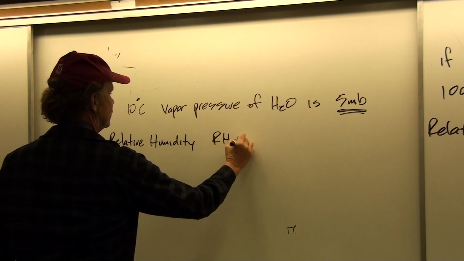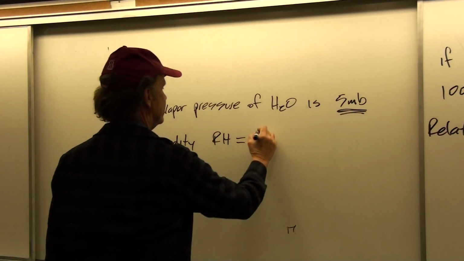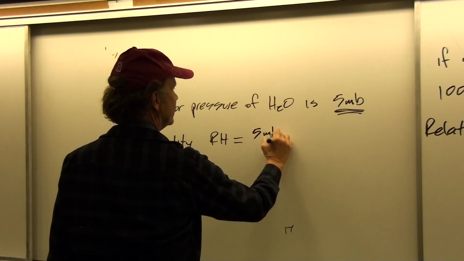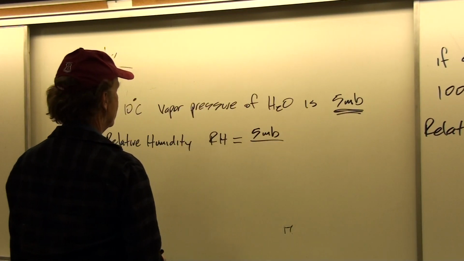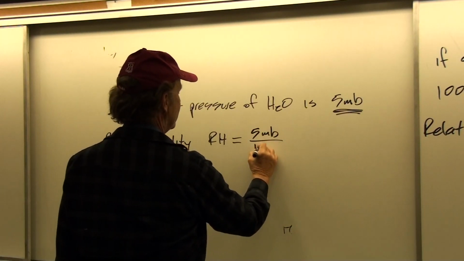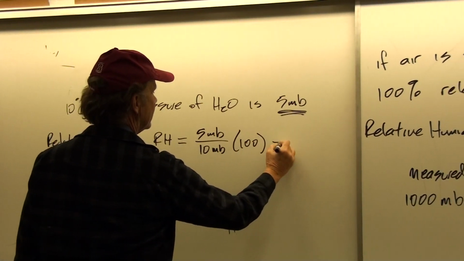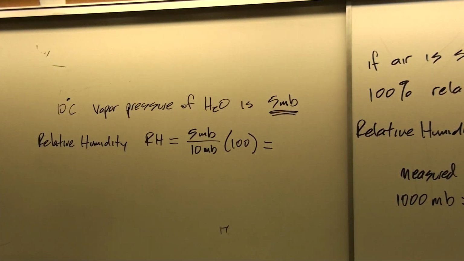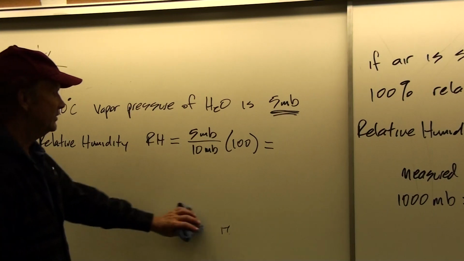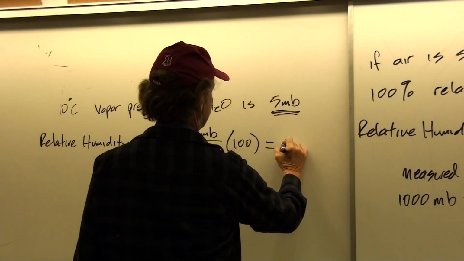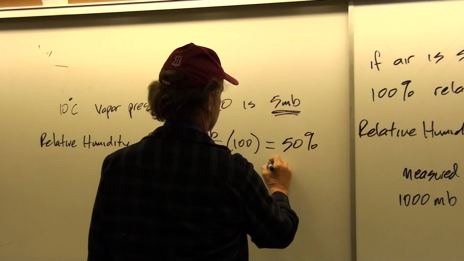Or RH would be equal to 5 millibars, which is the actual vapor pressure, divided by the saturated vapor pressure, which is 10 millibars. And to turn that into a percentage, we would multiply by 100. And so that would give us 50% relative humidity.